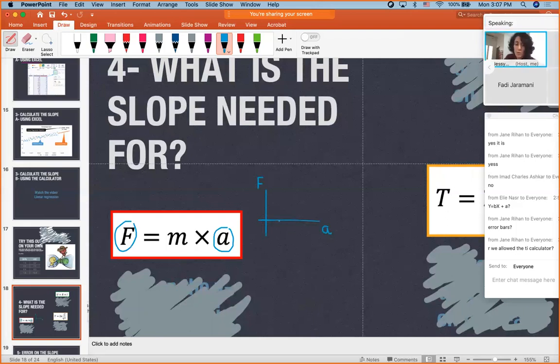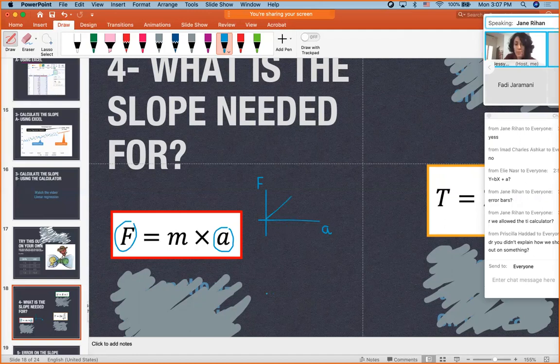Yes, you do. If I plot a versus F, do I get a linear relationship? Yes. If I have a constant force, I'm varying the m and having different acceleration, and I decided to plot m versus a, do I get a linear relationship?